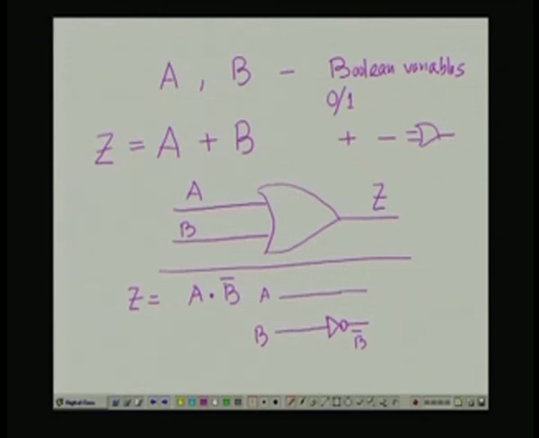Then the dot will be replaced by an AND gate, and this is my Z. So, this will be Z equal to A B bar. So, the simple OR gate and the AND gate can be extracted if these two Boolean expressions are given.